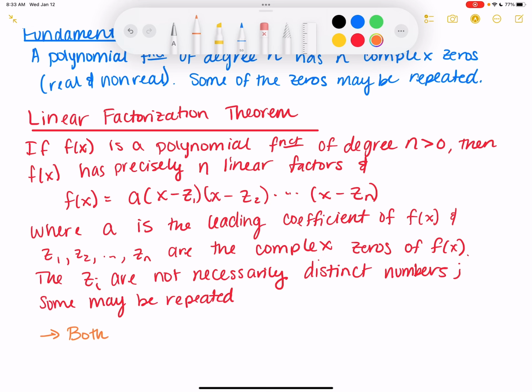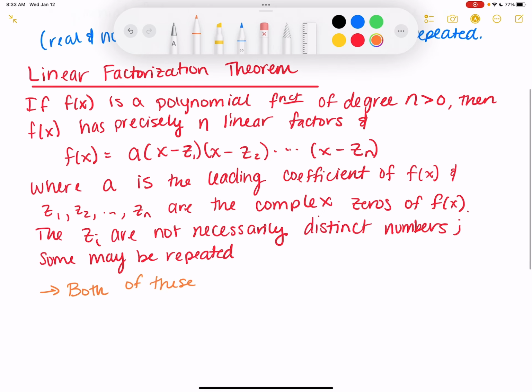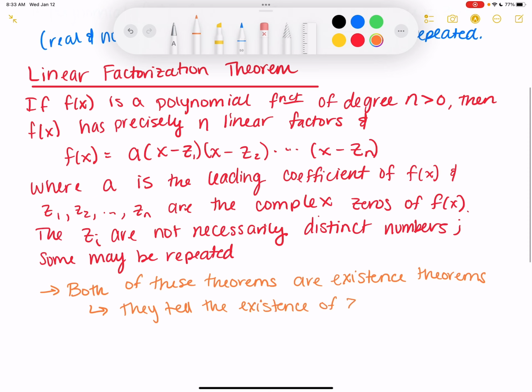Both of these theorems are existence theorems, meaning that they tell the existence of zeros and linear factors.